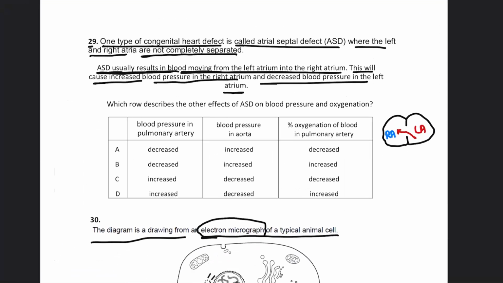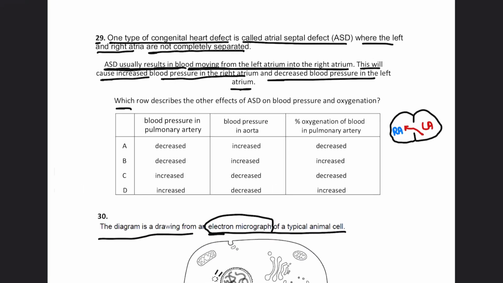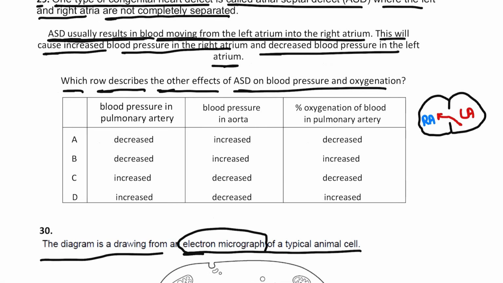Okay, so they ask which row describes the other effects of ASD on blood pressure and oxygenation. So guys, if we talk about the blood pressure in the pulmonary artery, it will also increase. As I just mentioned, if the pressure in the right atrium increases, it is because the right atrium is overloaded with blood.